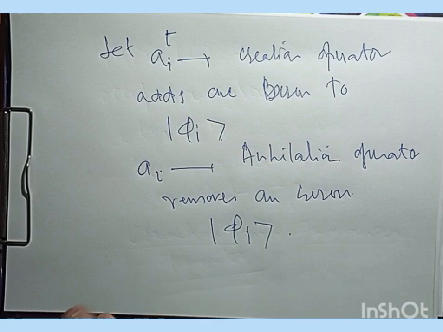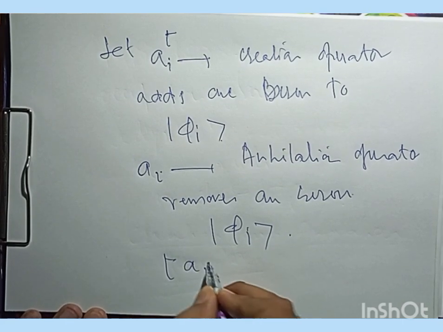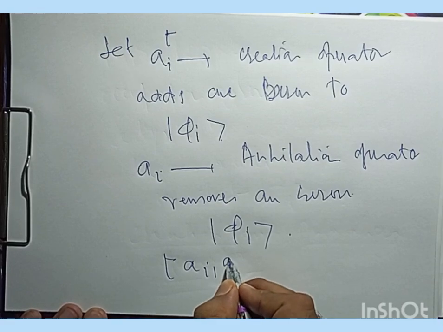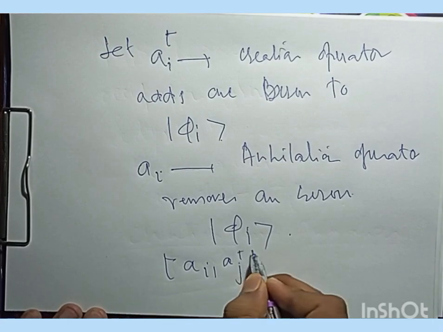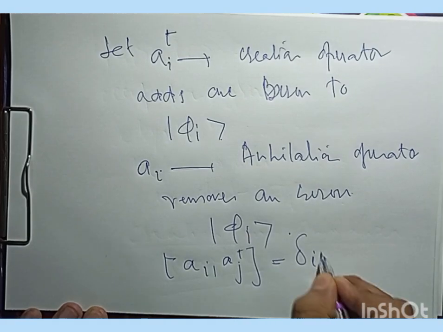Now these operators satisfy commutation relations. What are those commutation relations? The commutator between a_i and a_j dagger is the Kronecker delta ij.